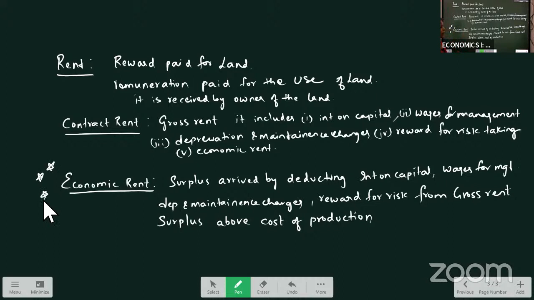Economic rent means the surplus arrived by deducting interest on capital, wages for management, depreciation and maintenance charges, reward for risk from gross rent. If we deduct all this, we will arrive at some surplus. That surplus is called economic rent. It is the surplus above cost of production. So this is the concept of rent. Completes your 2 VSAQs.